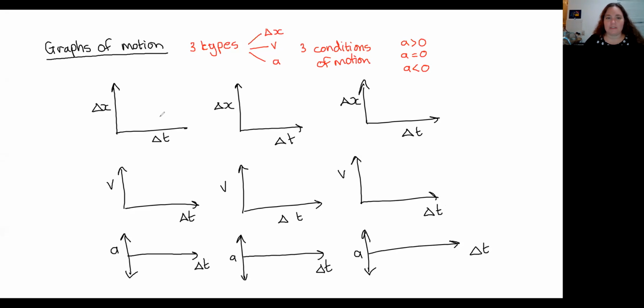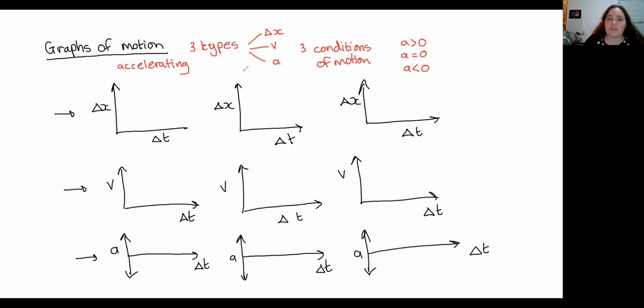So hopefully everybody can see here that there's 1, 2, 3, 4, 5, 6, 7, 8, 9 graphs representing the 3 types of motion and the 3 conditions. Everything here is about displacement, velocity, and acceleration. Then going downwards, everything here will be dealing with motion that is accelerating.